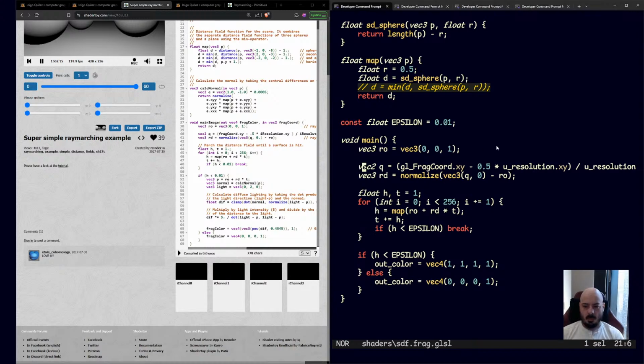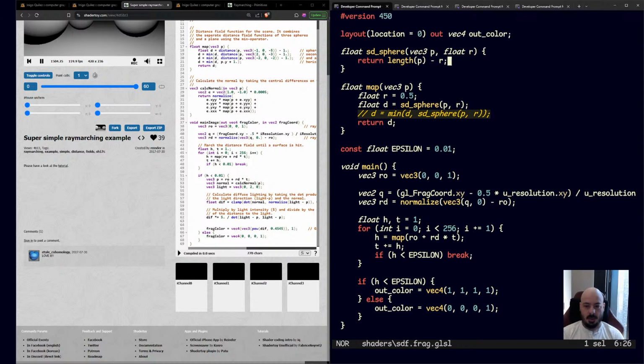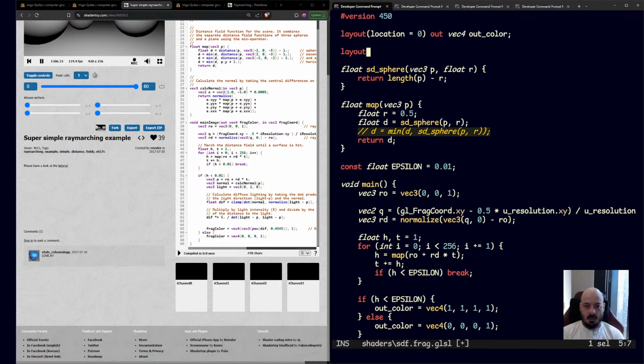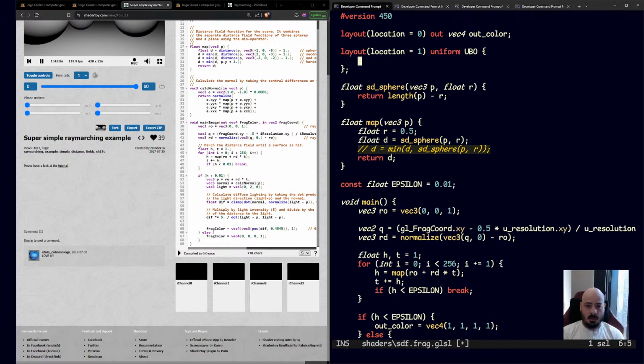We need a few things to make this happen though. We need to get the uniform buffer. So we're going to do layout, location is, use location 1. Uniform, I'll just call it UBO, I suppose.